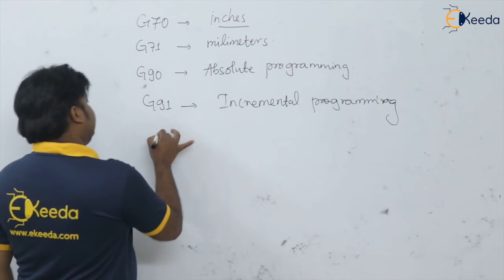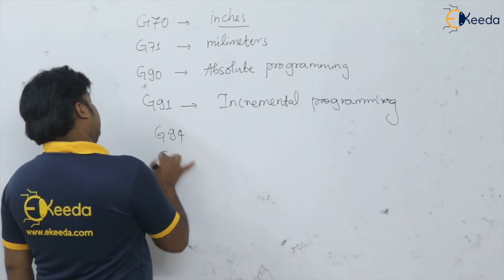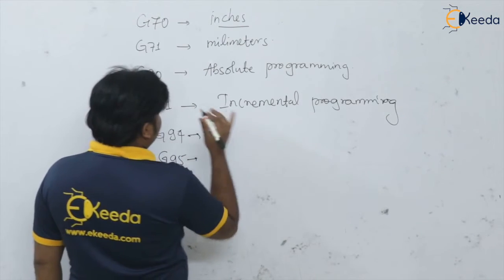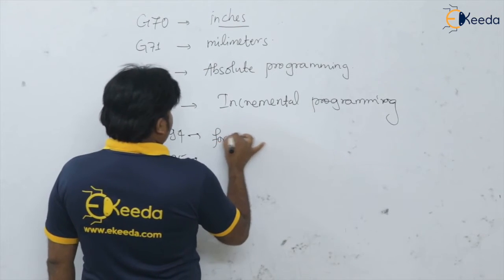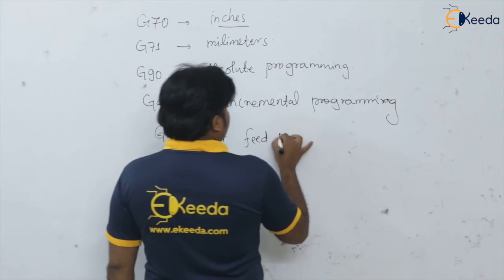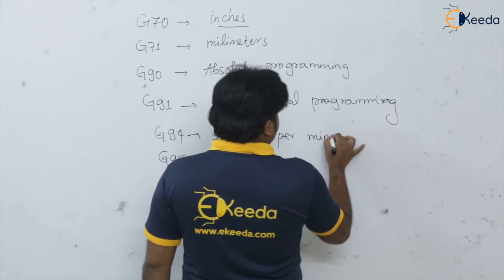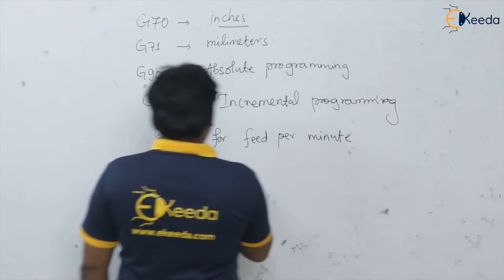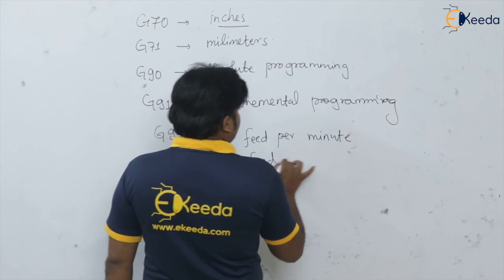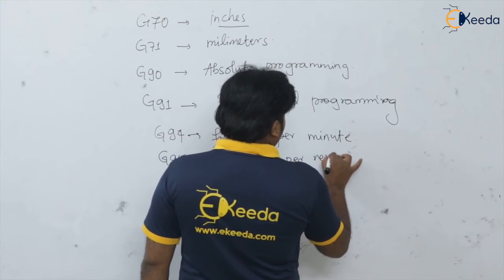Next we have G94 and G95. G94 is used for feed per minute, and G95 for feed per revolution.